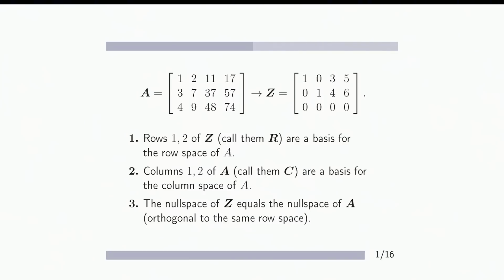I want to turn that 3 into a 0. So I take 3 times row 1 and subtract from row 2, and that gives me a 0 there, and it gives me something else. And I take 4 times row 1 from row 3, and that gives me a 0, I think.